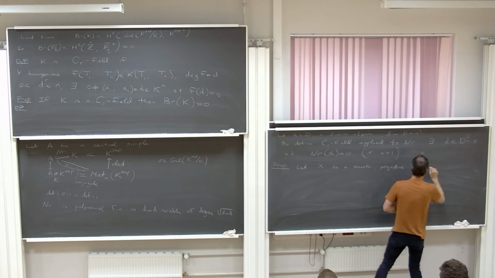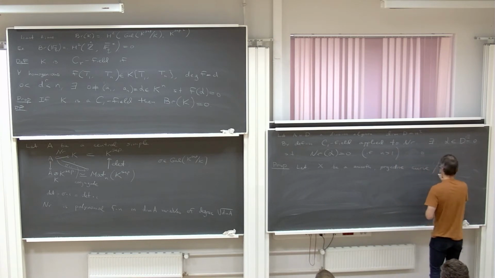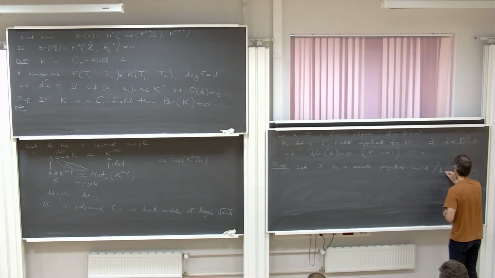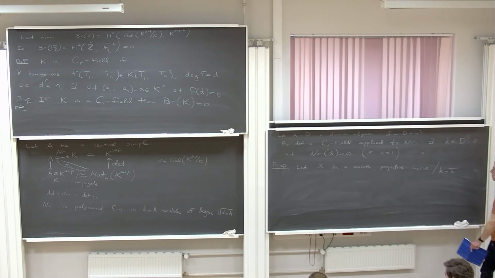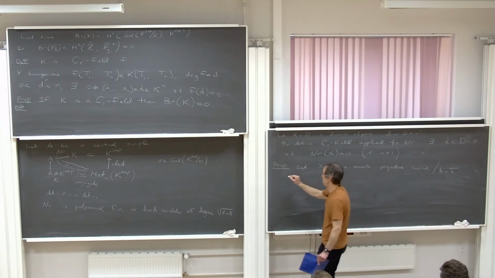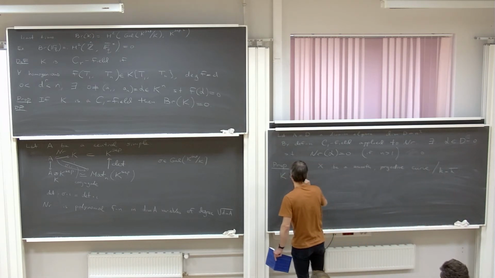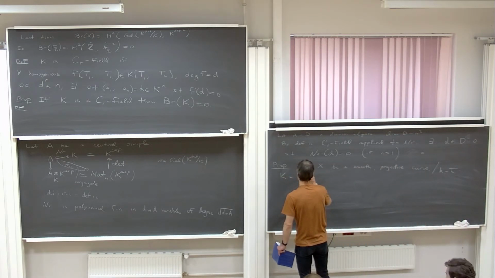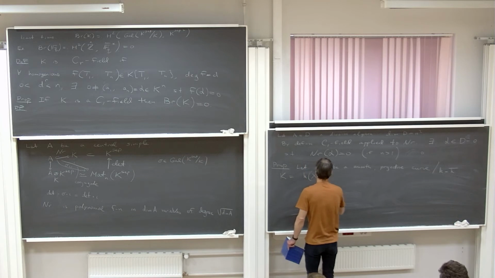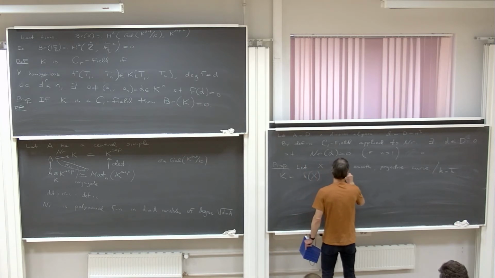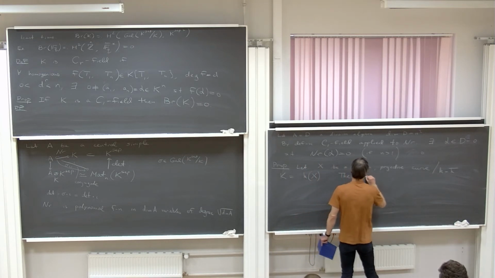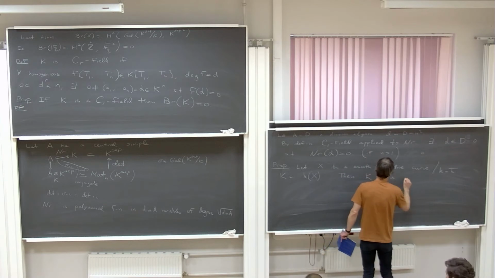I will always assume that it's a curve, I mean that it's connected. And K is the field of rational functions, so this is K of X. Then K is a C1 field.